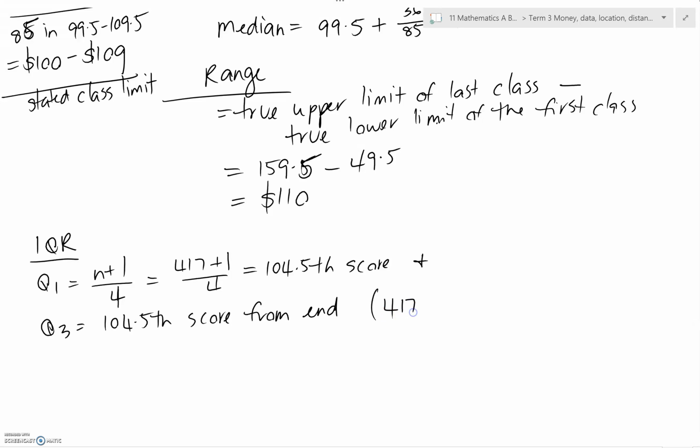To find exactly which score that is, it's 417 minus the 103.5 scores, because we don't want those. We want that extra score there. So it's the 313.5th score. So that's where it is.